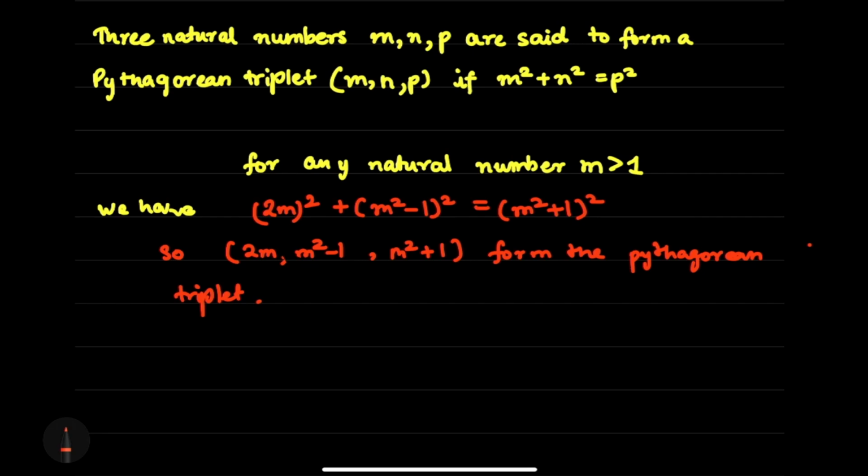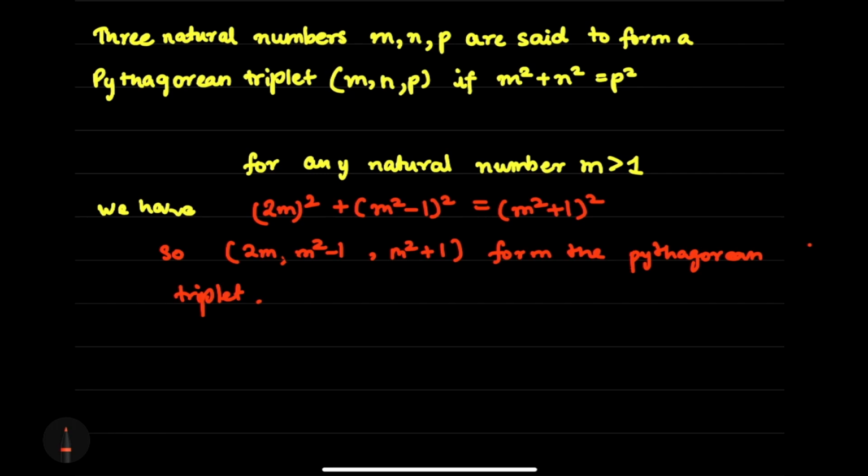But if we want to write this in the same form, where m is one of the numbers, then we can write it in the formula which you will need to remember for your exam, which would be 2m, m square minus 1, and m square plus 1. So these three numbers with m as the same natural number would form the Pythagorean triplet.